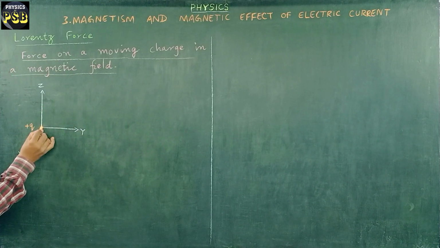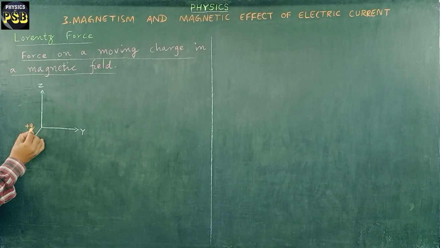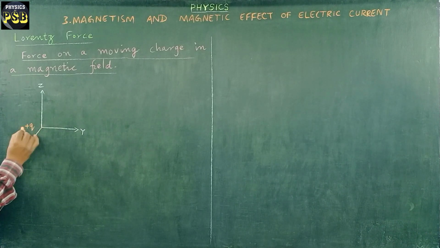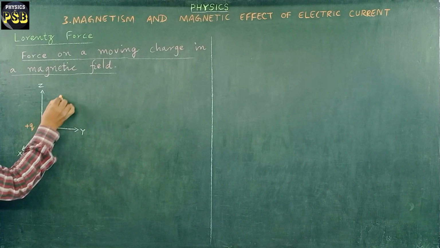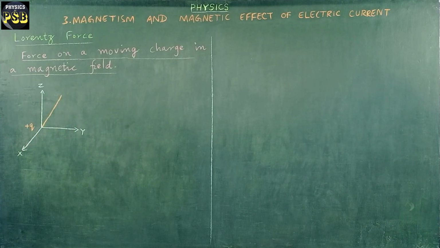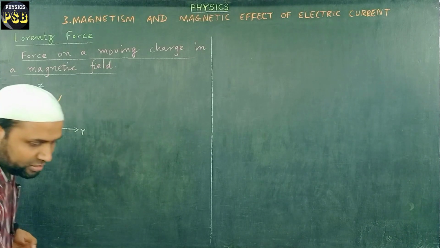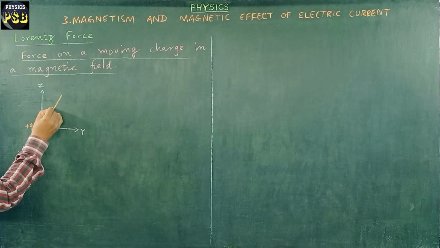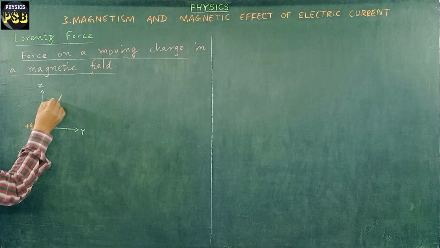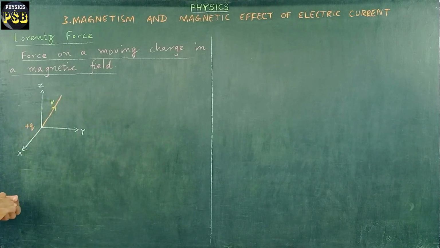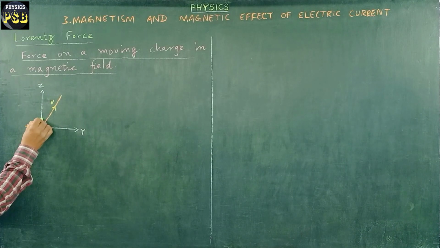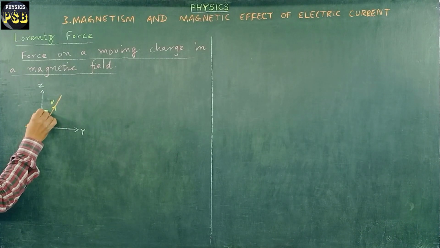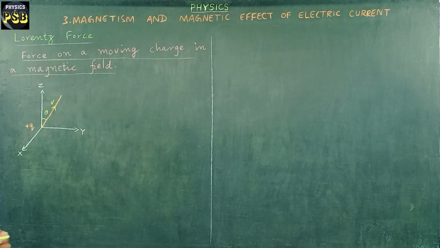Now I say that a particle with plus q charge is moving along the yz plane with velocity v in this direction, making an angle theta with the z-axis. Okay?